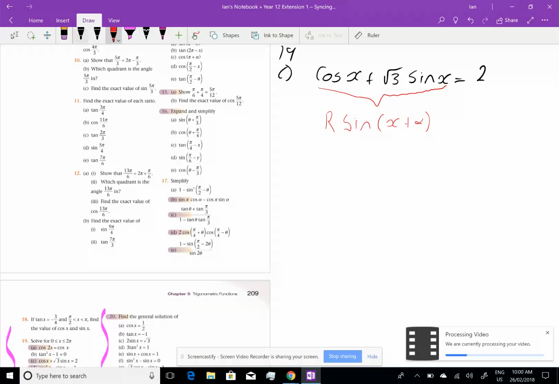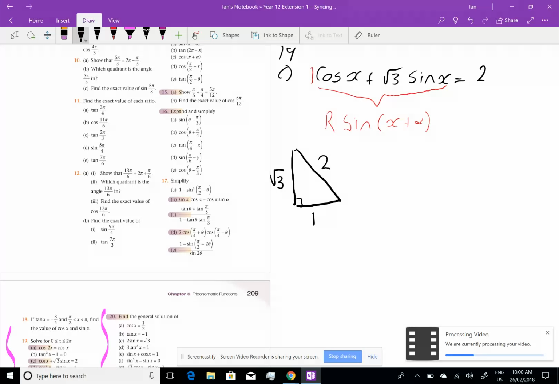So the first thing you do is, you realise there's a 1 in front of that cos. And then you let the numbers in front of the trig ratios be the short sides of a right angled triangle, 1 and root 3. You then use Pythagoras to work out the hypotenuse. So you go, the root 3 squared is 3, 1 squared is 1, 3 plus 1 is 4, the square root of 4 is 2.